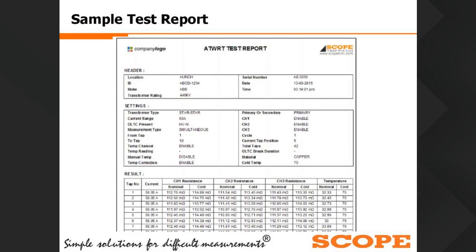Then channel 1, 2, 3, primary or secondary, the user can add, and after that the user can get all the results of the channels that are selected. Here you can see all the results of channel 1, channel 2 and channel 3 after the corrections to 75-degree results.